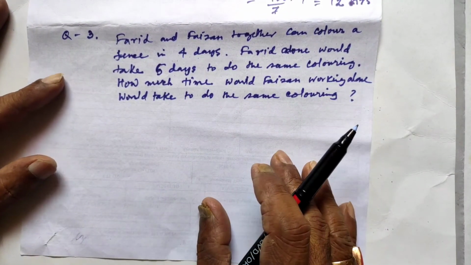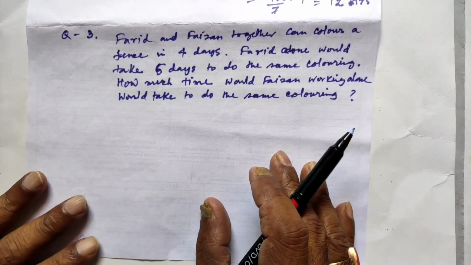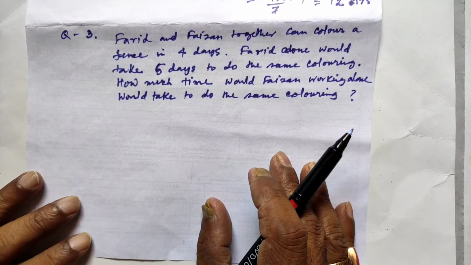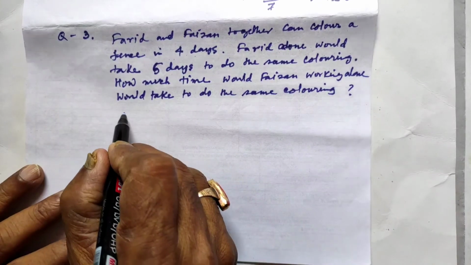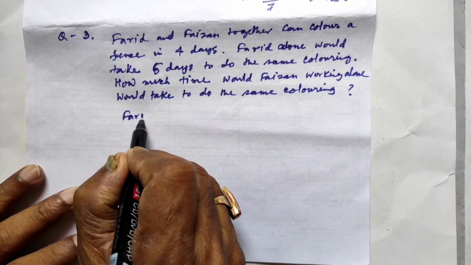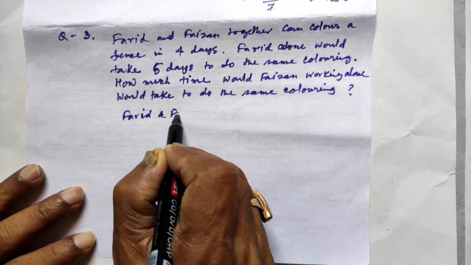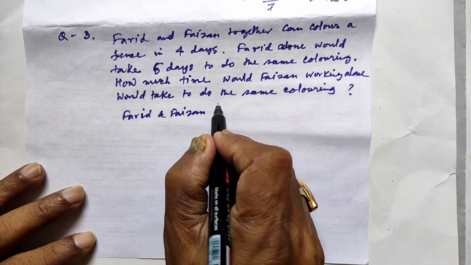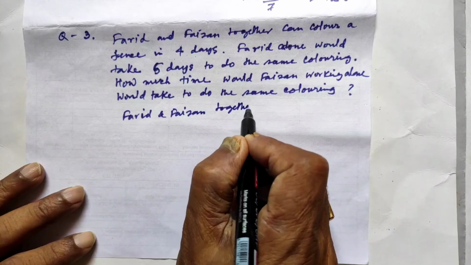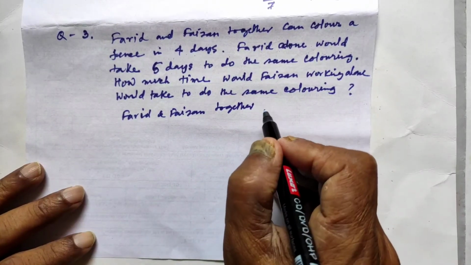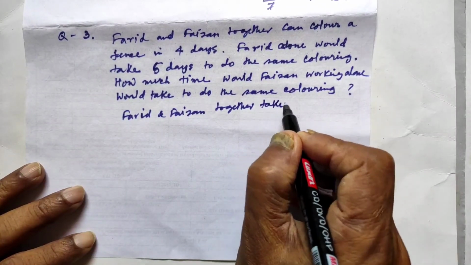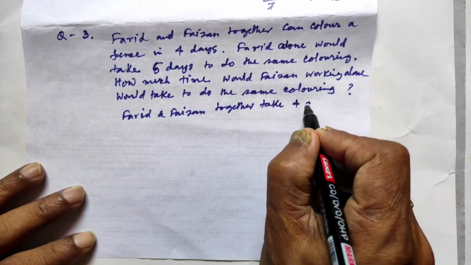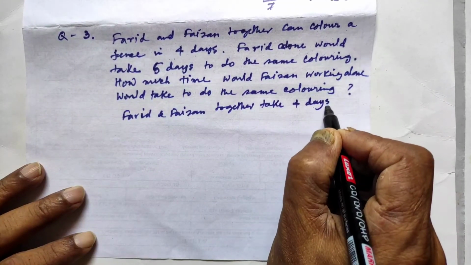Try to understand that Farid and Faizan together take 4 days to color the fence.